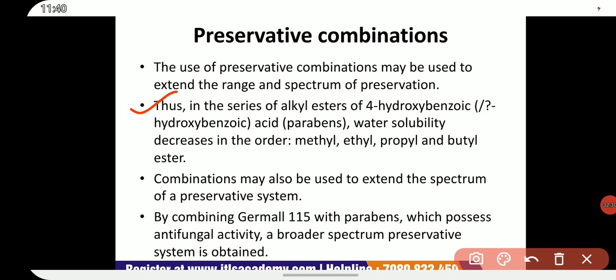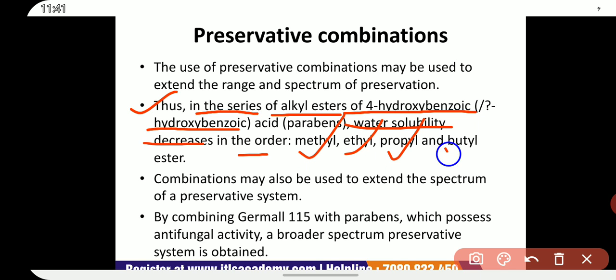Thus, in the series of alkyl esters of 4-hydroxybenzoic acid, that is parabens, water solubility decreases in the order methyl, ethyl, propyl, and butyl esters.